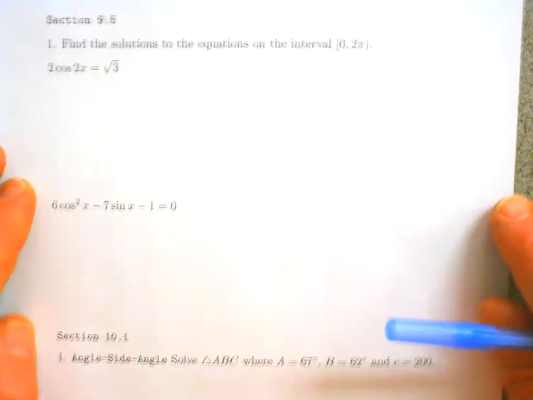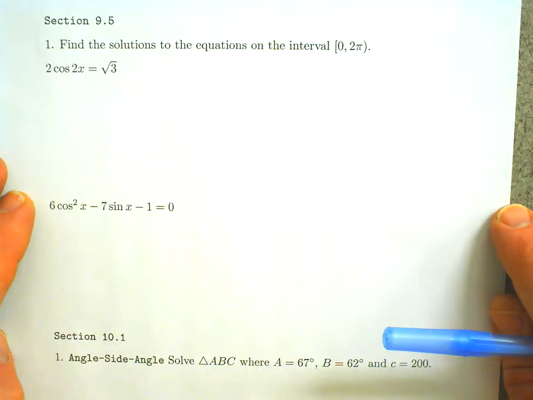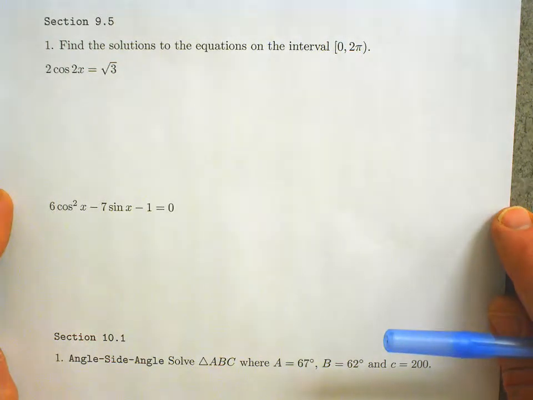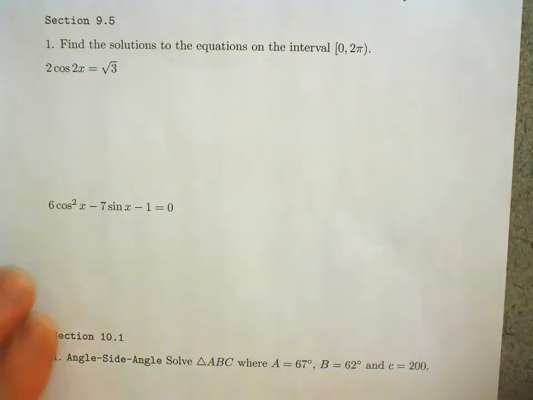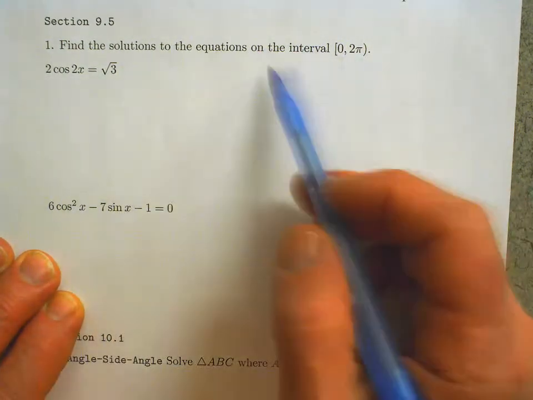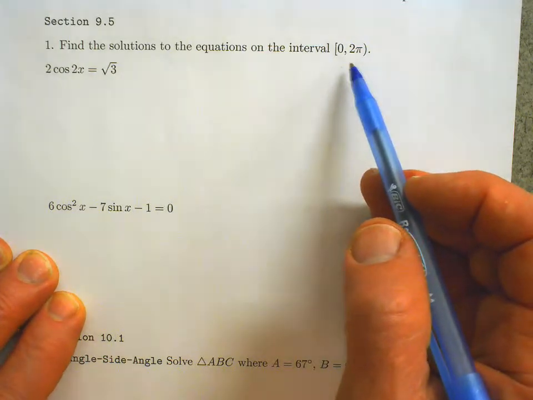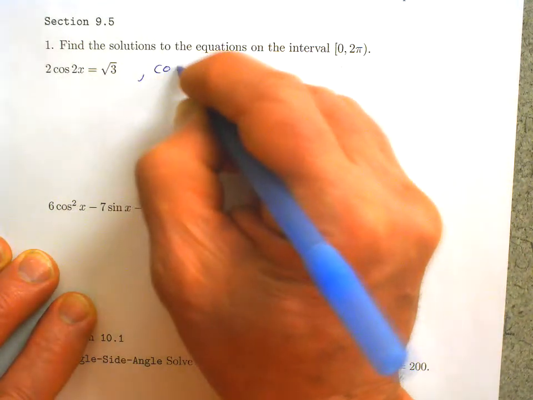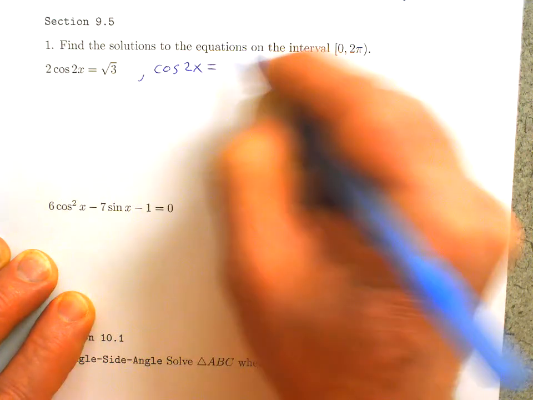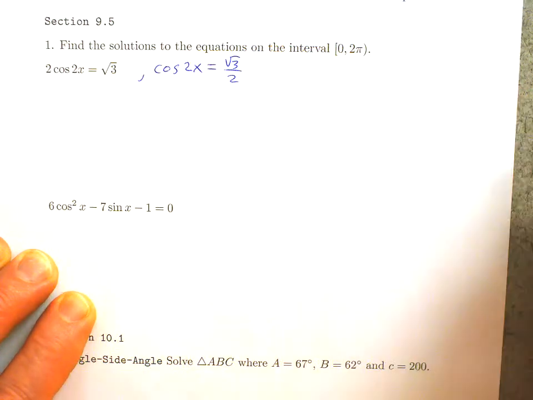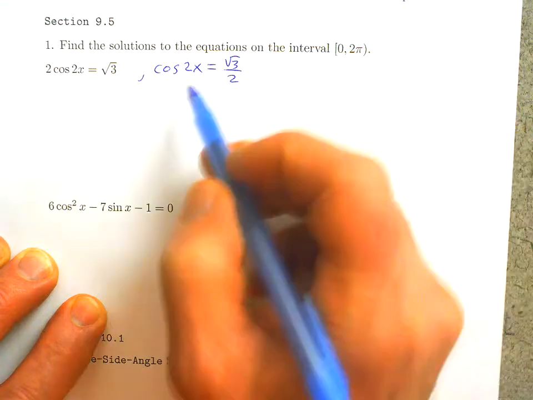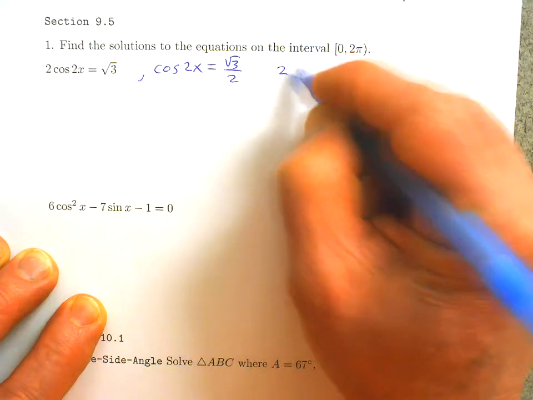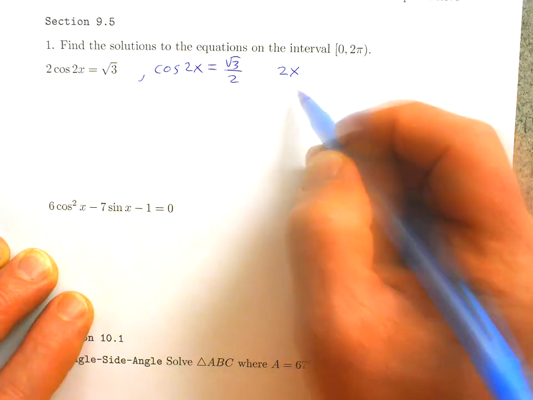Okay, find the solutions to the equations on the interval from 0 to 2 pi. So first, divide both sides by 2. Cosine of 2x is the square root of 3 over 2. And we know two values for 2x between 0 and 2 pi.